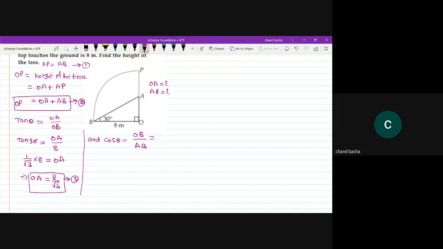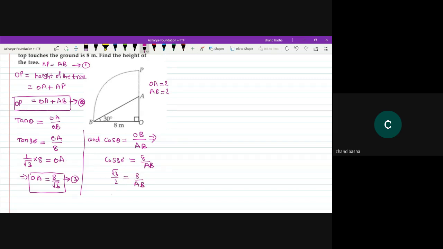Cos 30 degrees is equal to OB, which is 8, divided by AB. Cos 30 is root 3 by 2, equal to 8 divided by AB.